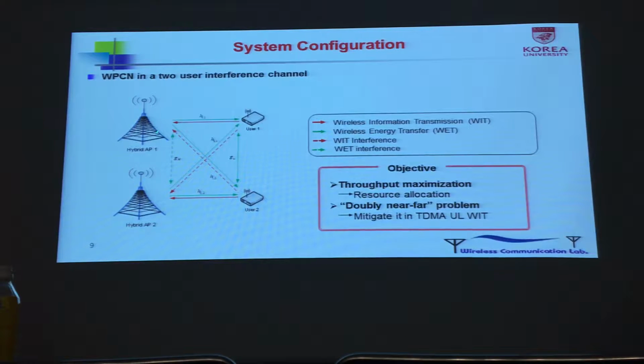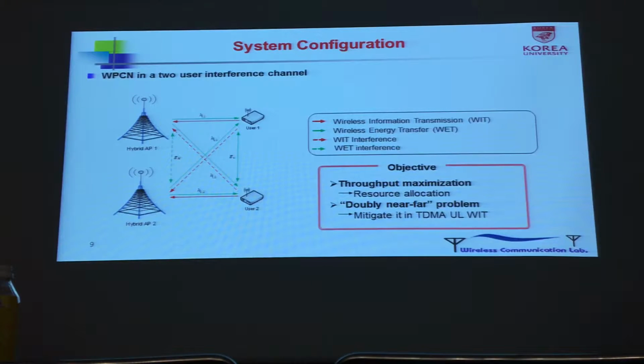In the WPCN, in the first downlink phase, the hybrid access point sends the RF signal to charge user 1, and in the subsequent uplink phase, user 1 transmits the data back to the hybrid access point. During this process, we have interference.